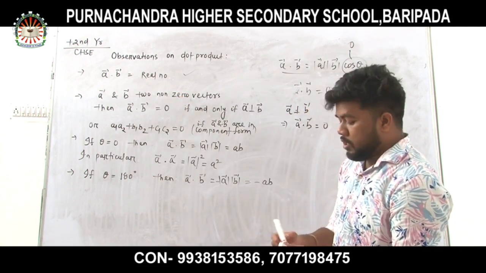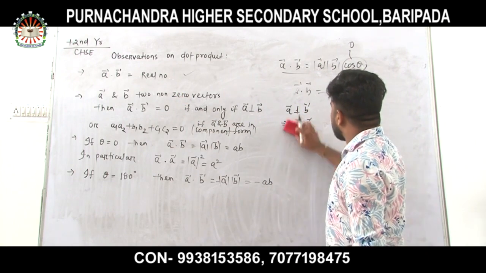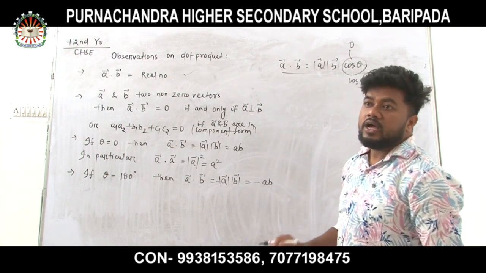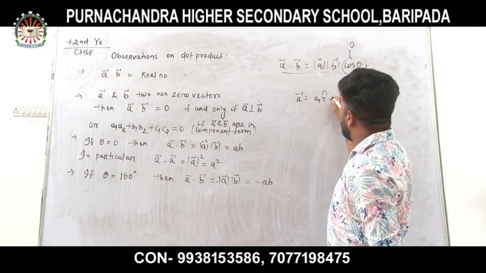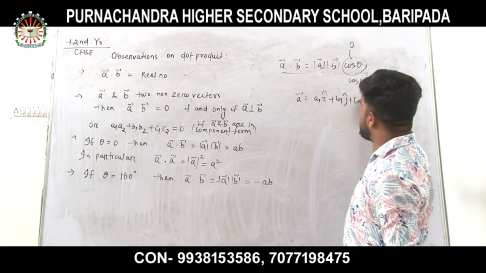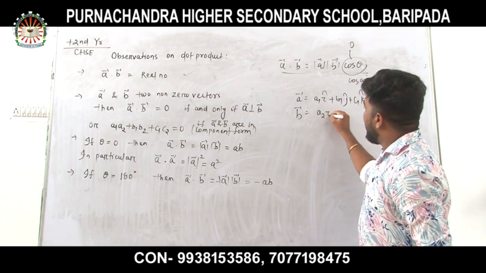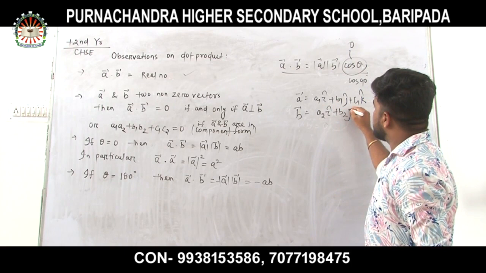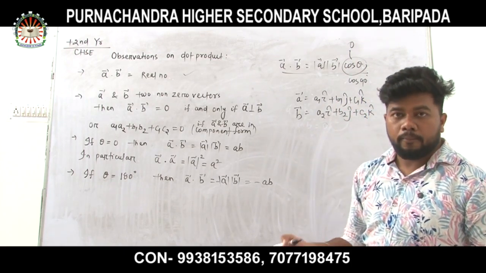We know the component form of a vector. In component form, let vector A equal A1 i cap plus B1 j cap plus C1 k cap, and vector B equal A2 i cap plus B2 j cap plus C2 k cap. These are two vectors.